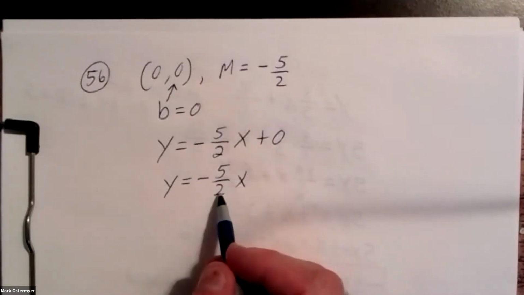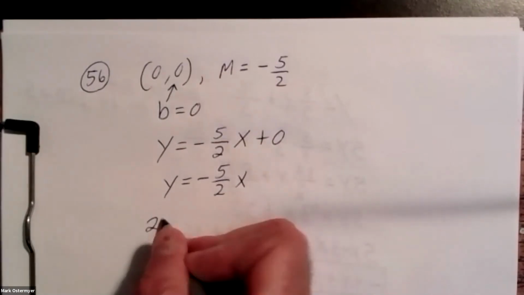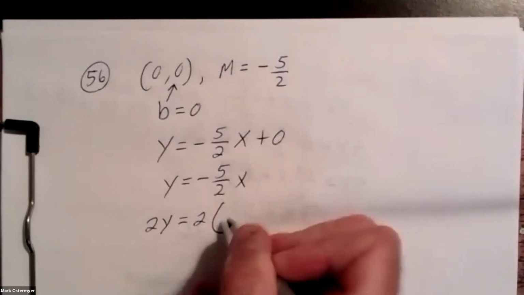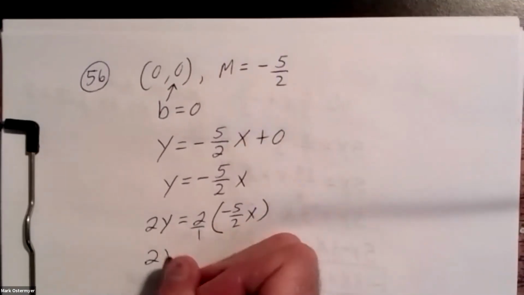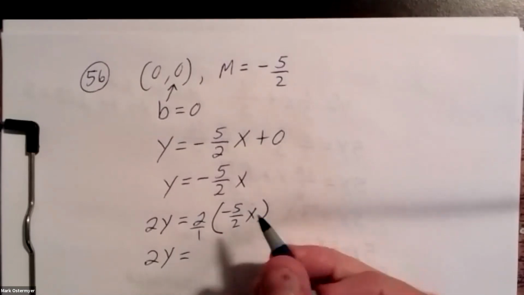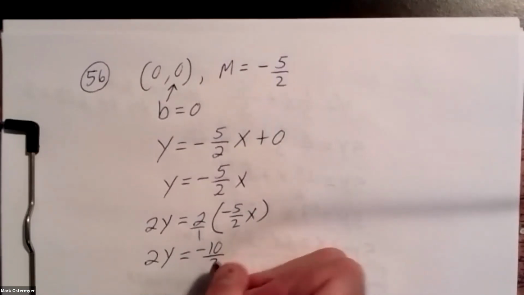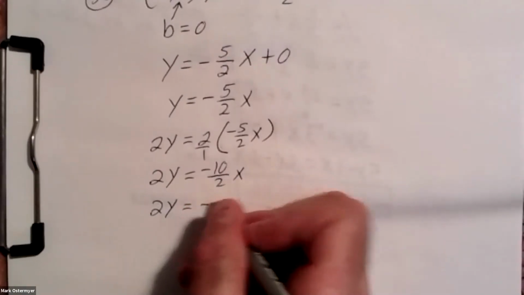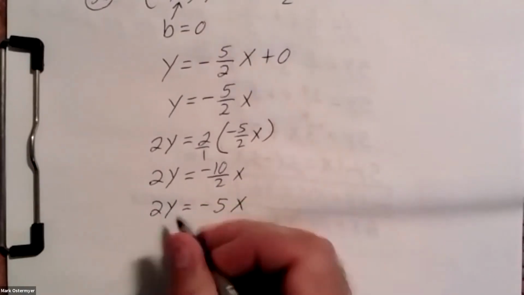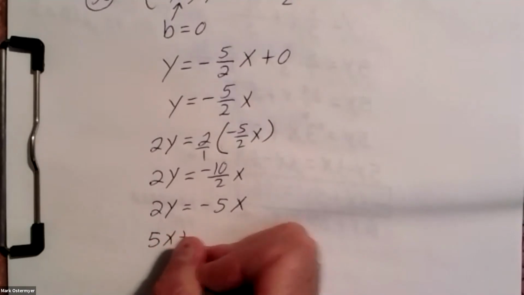Now, to put it in standard form, you want to get rid of this fraction by multiplying both sides by 2. Two times -5/2 is going to be -10/2. But -10/2 reduces down to what? -5. Add 5x to both sides.